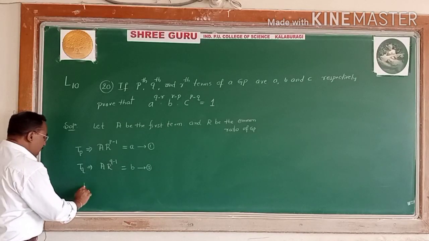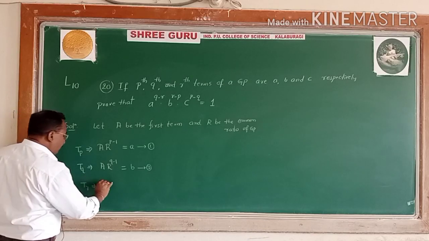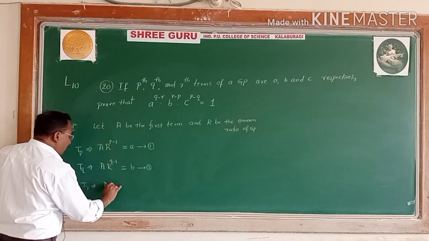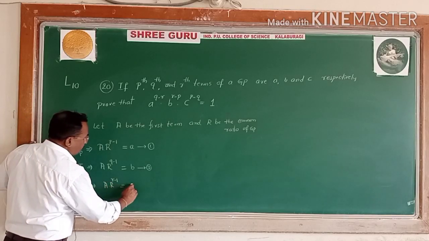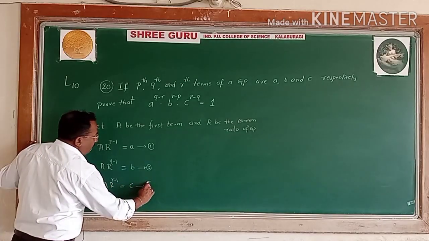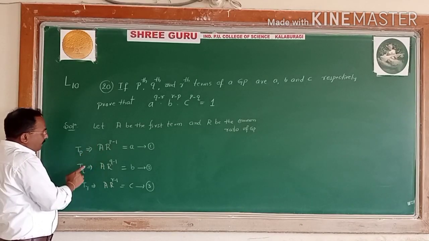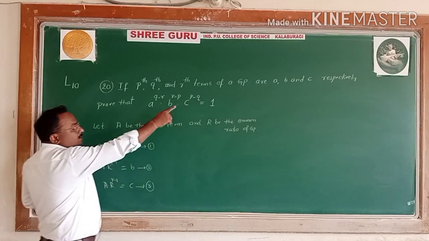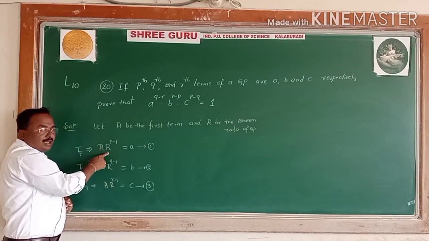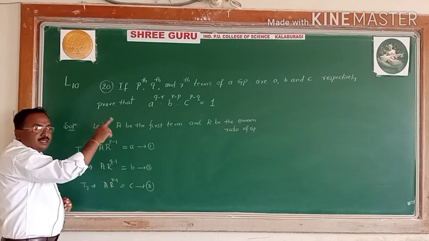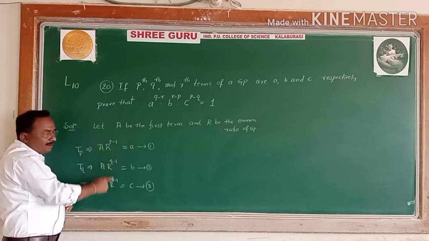The rth term Tr is equal to A into R to the power r minus 1, respectively C, equation number 3. Now I will take capital A and capital R, because A, B, C and small r are already there in the question. That is the reason to change to capital A and capital R.